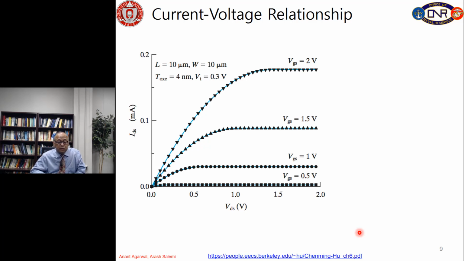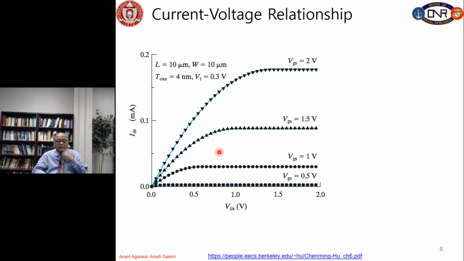So here are some experimental characteristics taken from this reference below. In this, we have taken a silicon MOSFET which has a channel length of 10 micron, width W is 10 micron, oxide thickness is 4 nanometer, that means 40 angstrom, threshold voltage is about 0.3 volt.